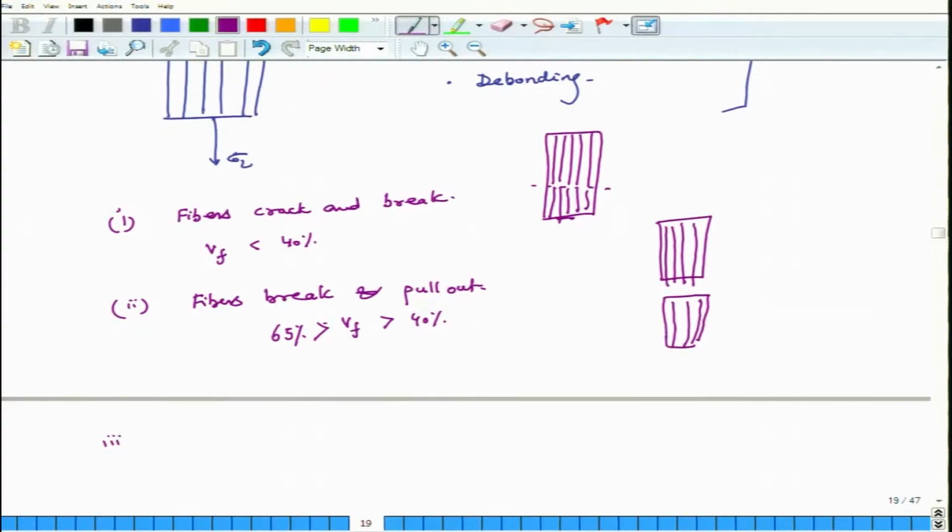And the third situation happens when fibers break, and these are all brittle fibers, and then either you have debonding and separate or delamination.